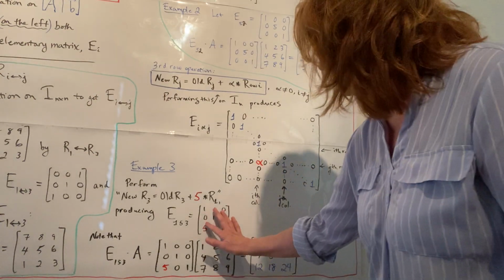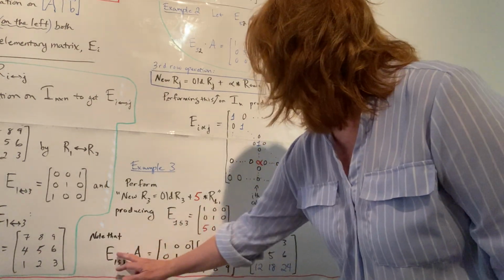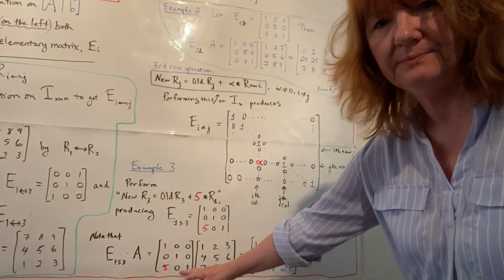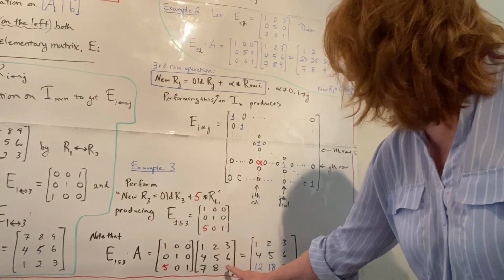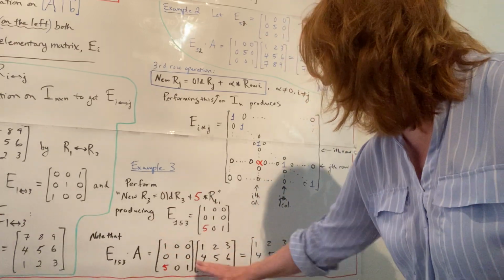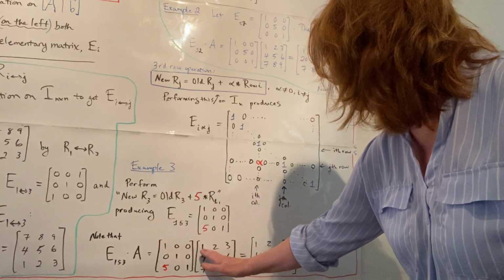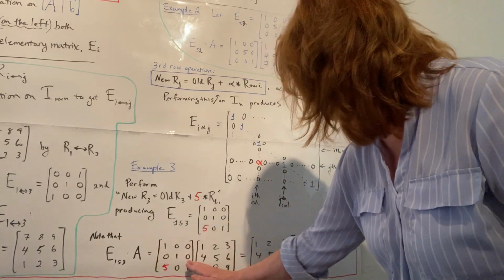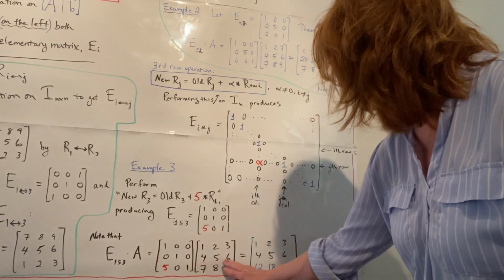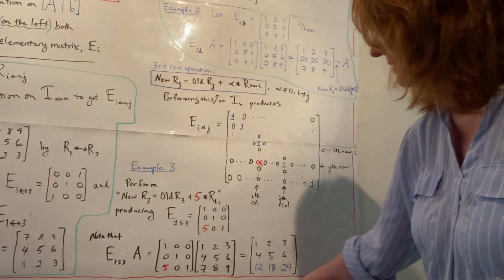So if we take that matrix and multiply it on the left of A, you can see that matrix there multiplied by this one. So again, going through the multiplication, the first row just picks up that 1, 2, 3, puts it down. Second row, again, ignores everything but the second row, puts it down.